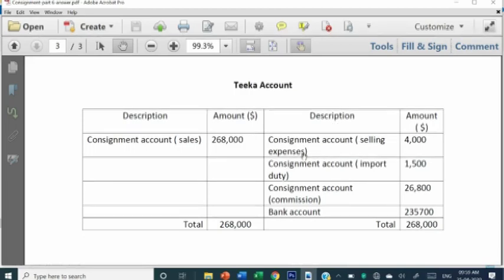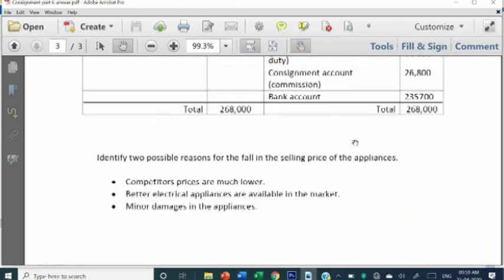So consignee selling expense 4,000, import duty 1,500, consignee's commission 26,800, and the balance of 235,700 is remitted to the consignor. So this is how consignee's account is prepared in the books of consignor.